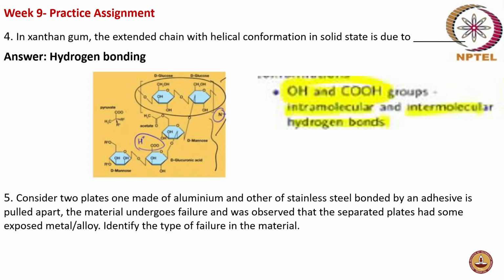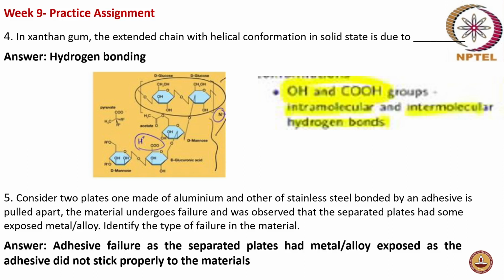So in this case, what type of failure has happened? When you have some portion of metal being exposed, what type of failure has happened? The answer for this is that it is actually the adhesive failure.